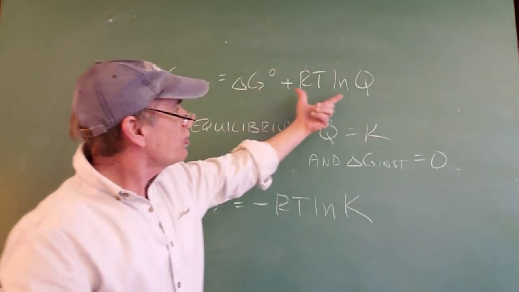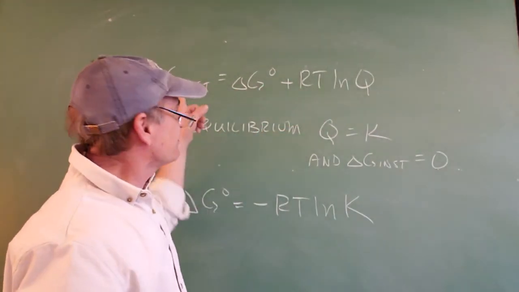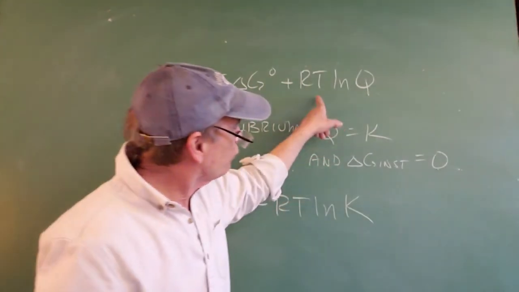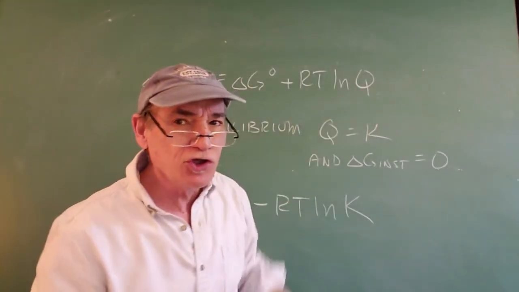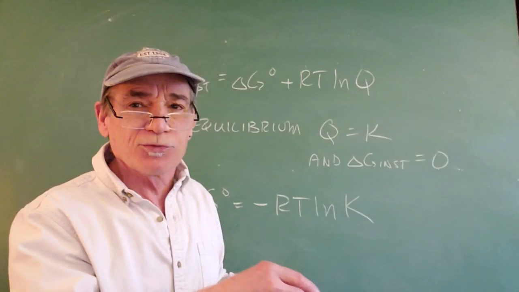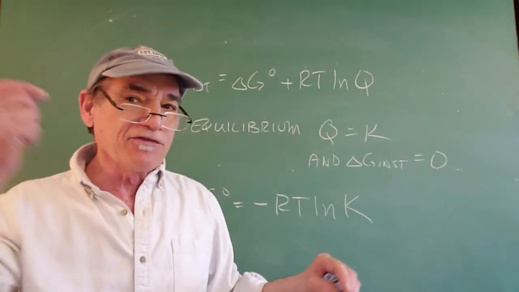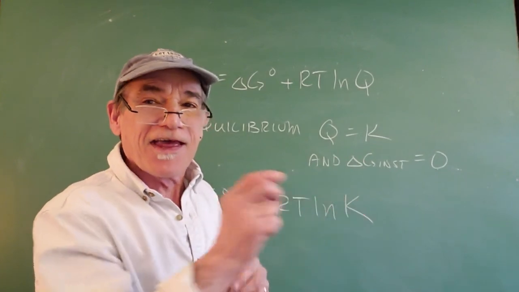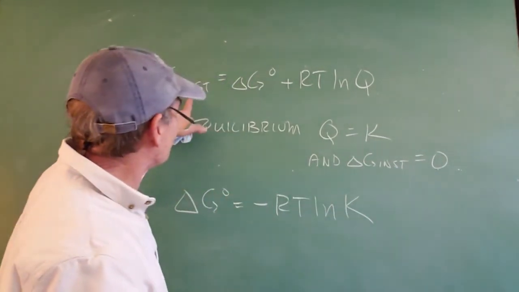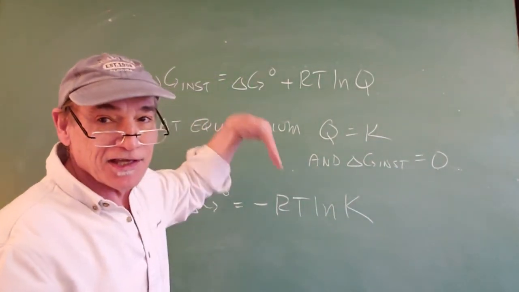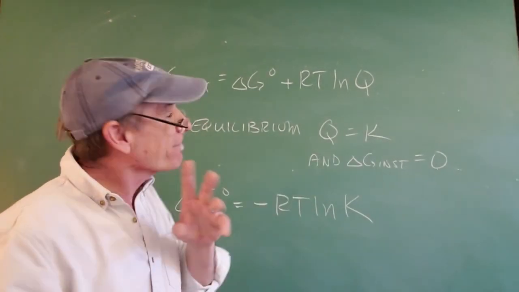But there's a little adjustment to that delta G that gives us the instantaneous change, and that was related to the value of Q, where you are in your relationship to the equilibrium. Are you way south of it or way north of it? And that determines whether or not the delta G instantaneous is a negative slope or a positive slope.